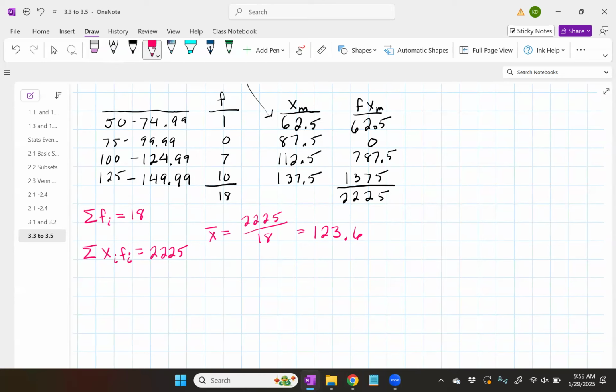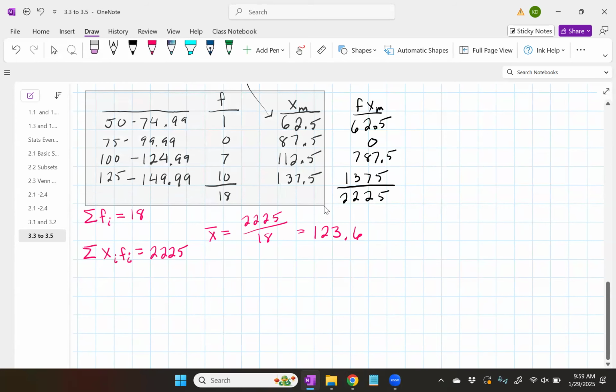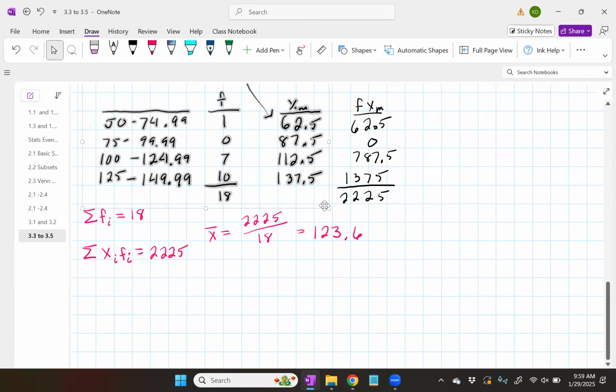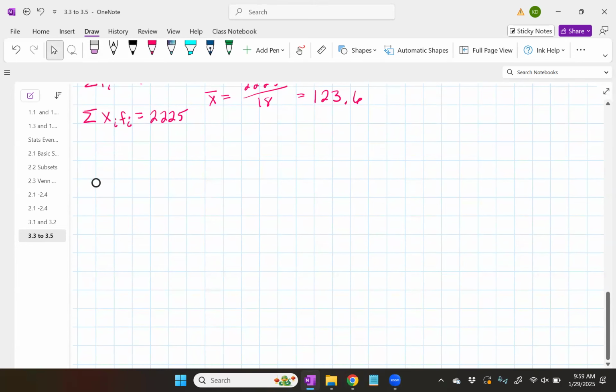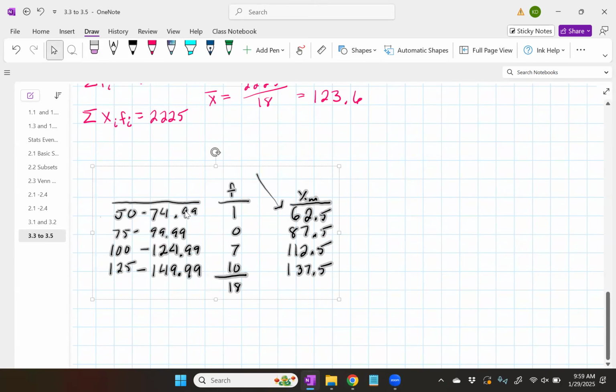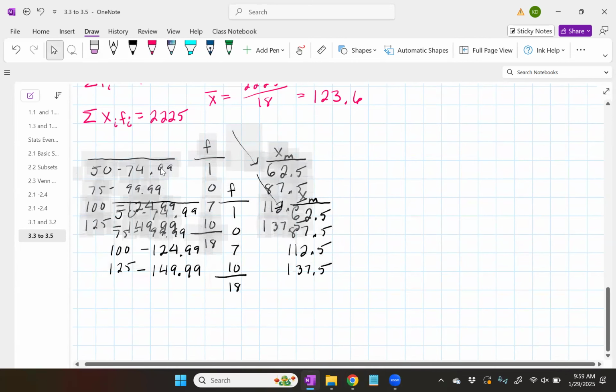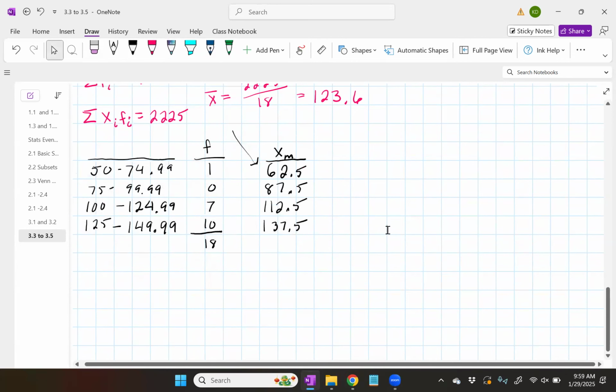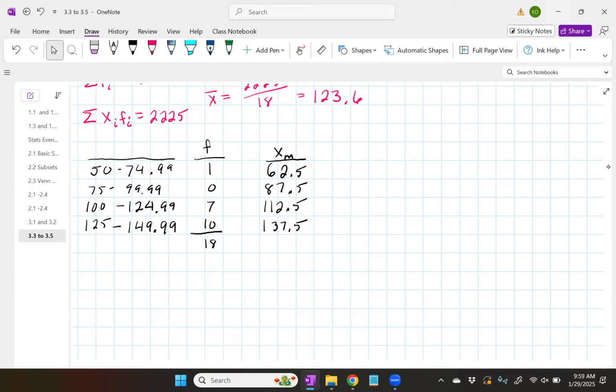So now we have to do our standard deviation. So the next thing I want to do, I'm going to copy my list of numbers since I don't have a lot of space for it here. I'm going to copy this column. I'm going to make 2 more columns of data.